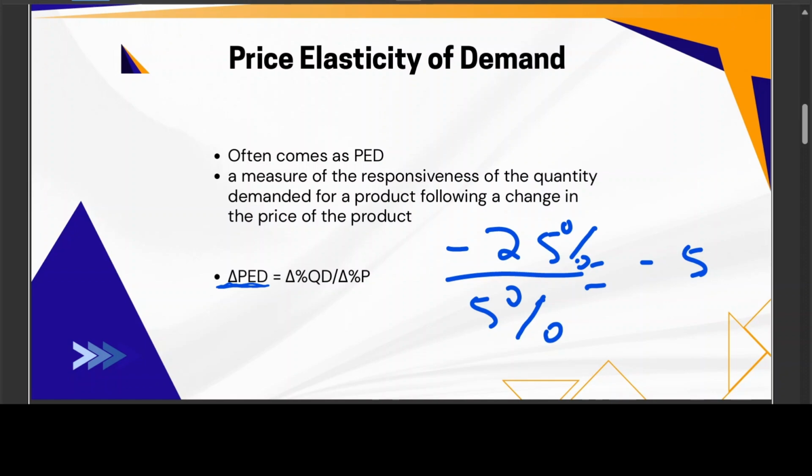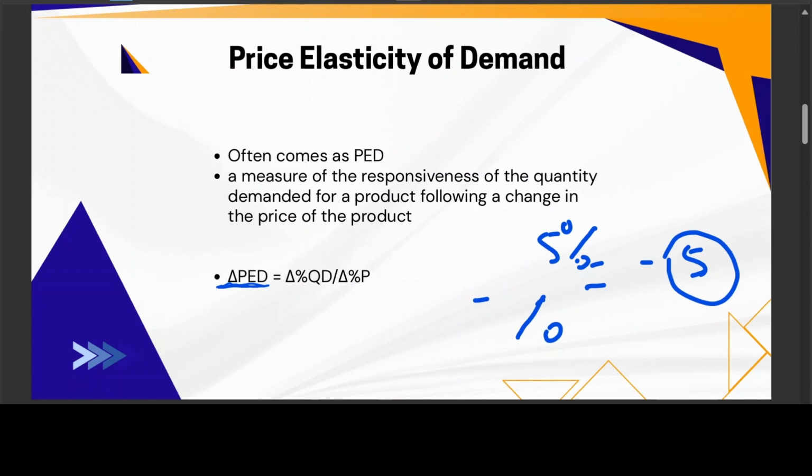So minus 5 is just a number and we can take 5 itself. It is the magnitude of the answer. So this is what matters most in finding the PED. So now we can move on to the next point.